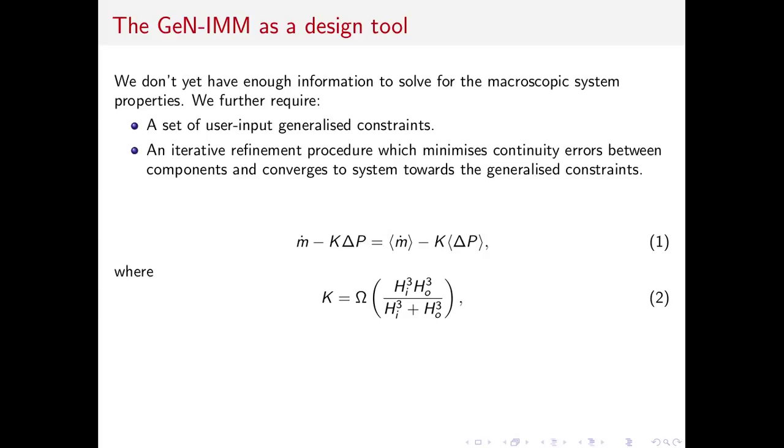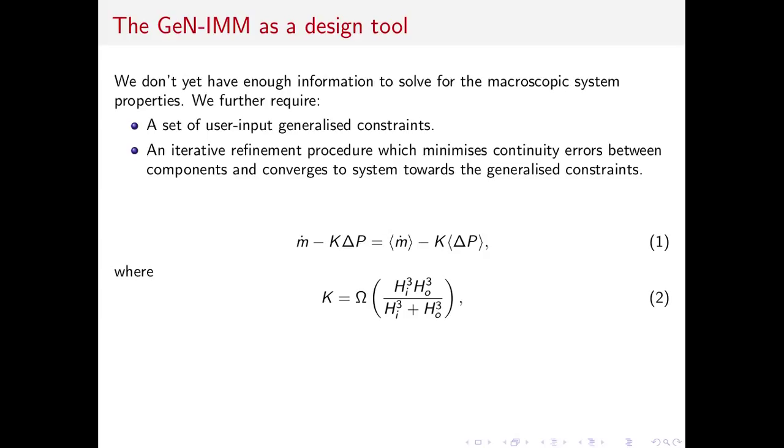And in turn, k is then related to some unknown prefactor omega, and the cube of the component height at its inlet and outlet boundaries, here with the subscripts I and O, and this is using basic flow circuit rules.